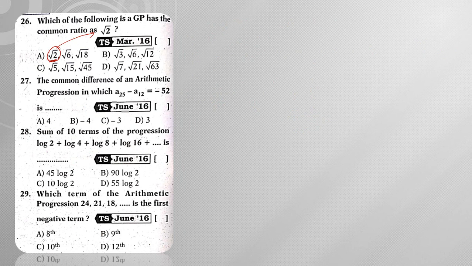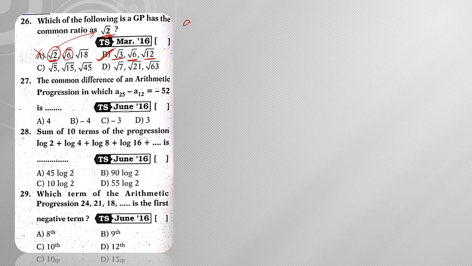That means root 2 into root 2 is 2. But what he has given is root 6. Hence this is not my answer. Next, root 3 into root 2 is root 6. Okay. Next, root 6 into root 2 is root 12. Hence my answer is option B.